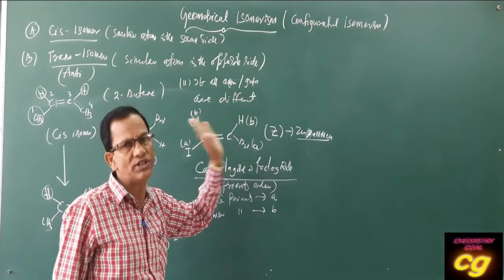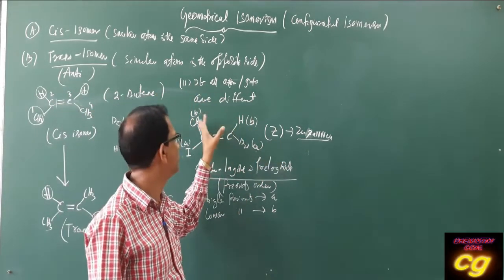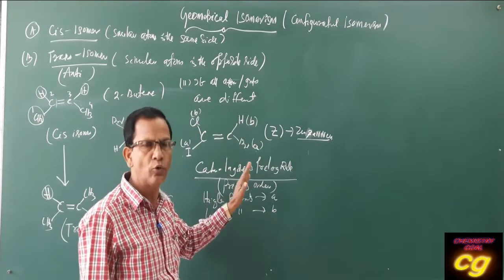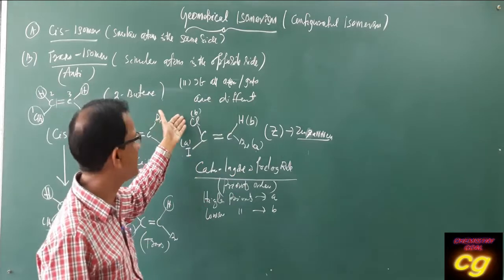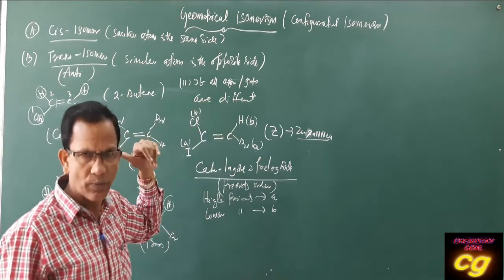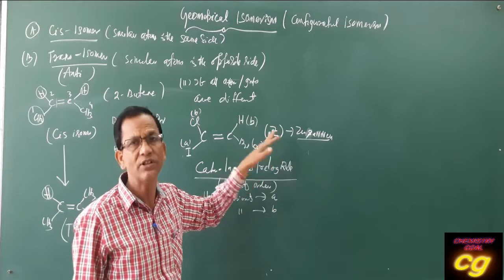That's why it is called Z. Instead of cis, we have to write Z. Z means when the groups are on the same side. Here group means higher priority or lower priority. If lower priority on the same side or higher priority on the same side, that is called Z. Z means that is the cis.